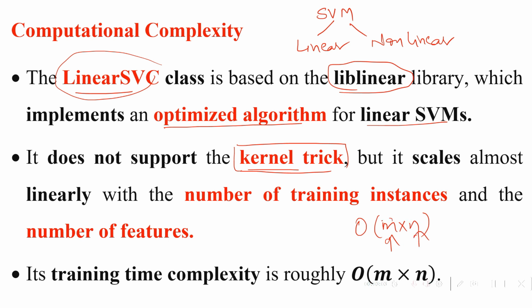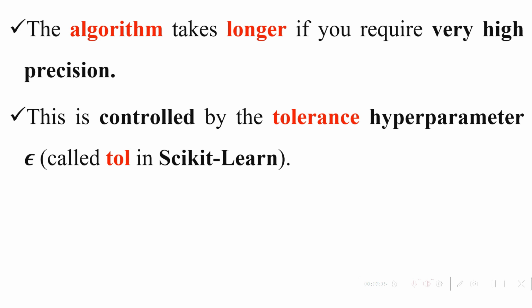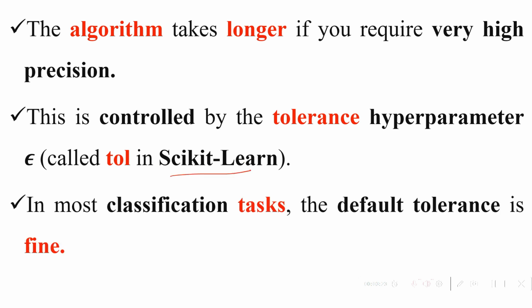The algorithm takes longer if it requires very high precision, which is controlled by the tolerance hyperparameter in scikit-learn. In most classification tasks, the default tolerance is fine.